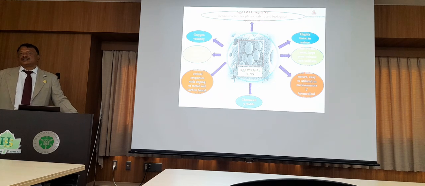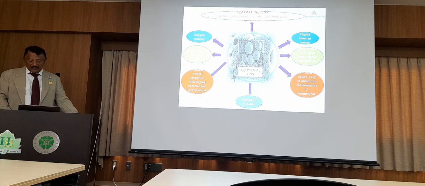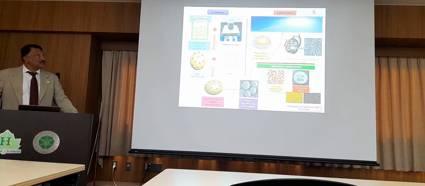Surface area and morphology are very important for any material usage. It is also low cost, low toxicity, easy to utilize, and environmentally friendly. And this is how we prepared the materials.